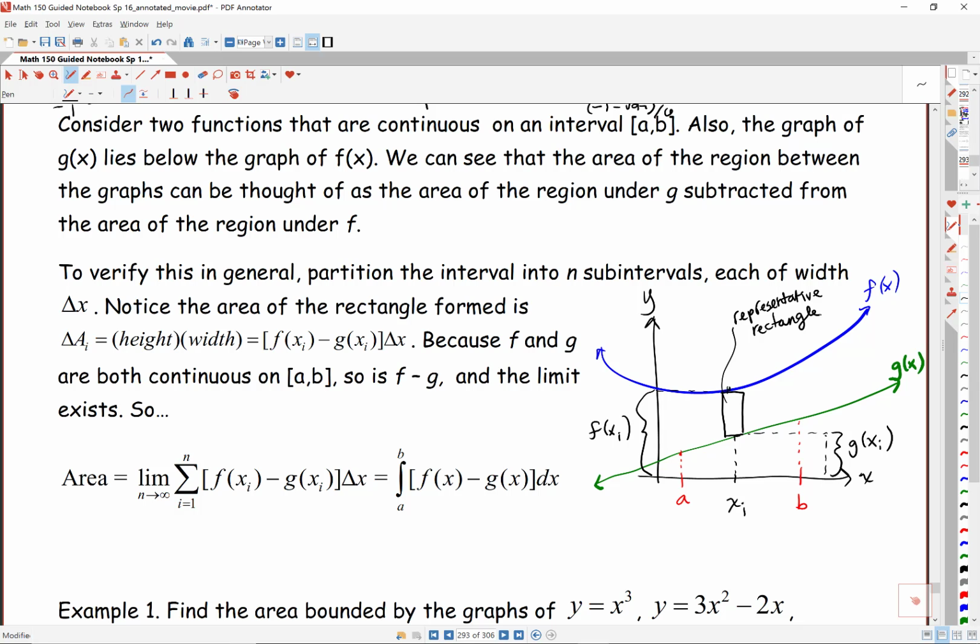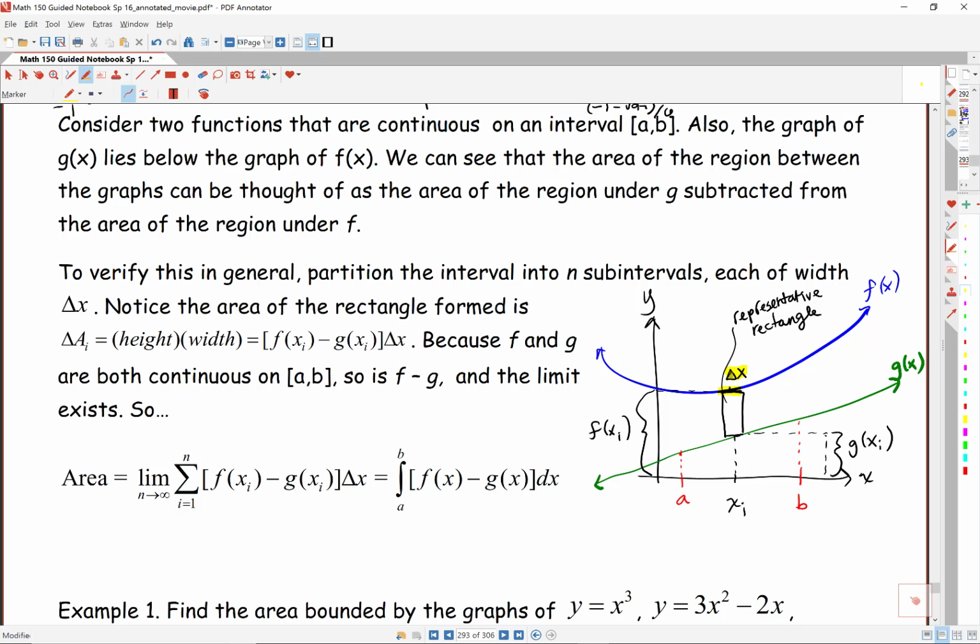The width of that rectangle, or the base of that rectangle, is our delta x. Let's highlight that. So this little bit is delta x.